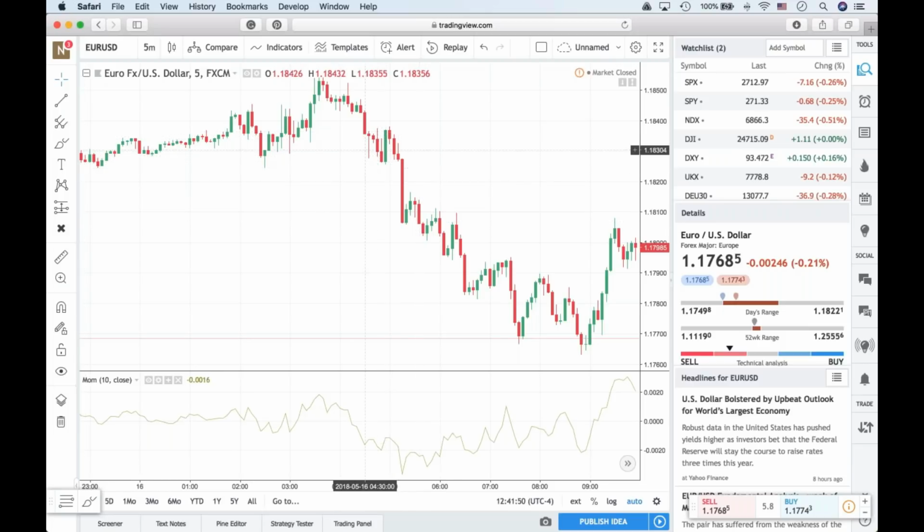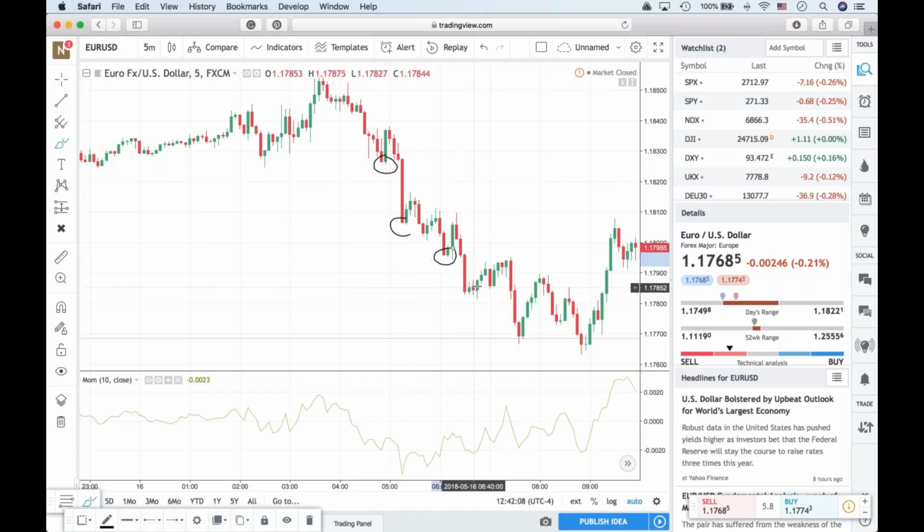So it's like steps. If you look at this move from 3 a.m. to 7 a.m. on May 16, you'll see that we have some form of steps. You have one step here, and then here, and here, and here, right? These steps are called lower lows, okay?